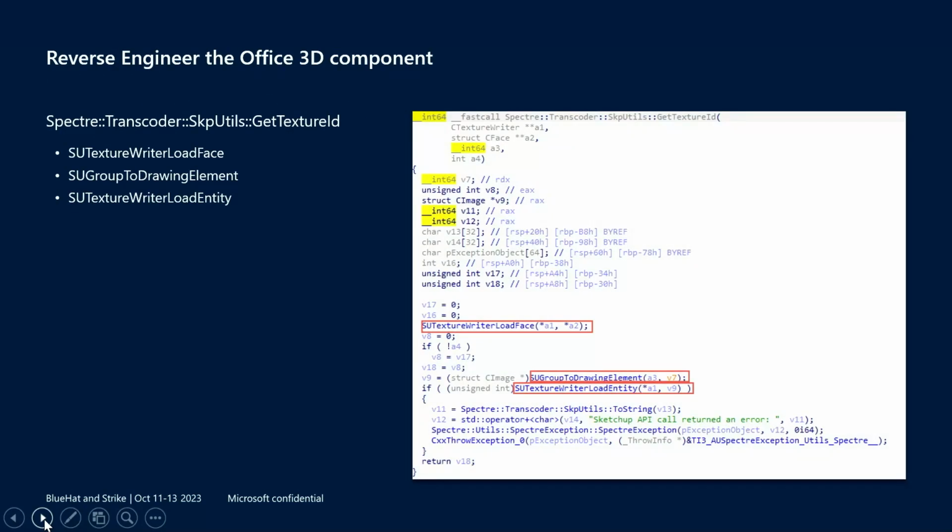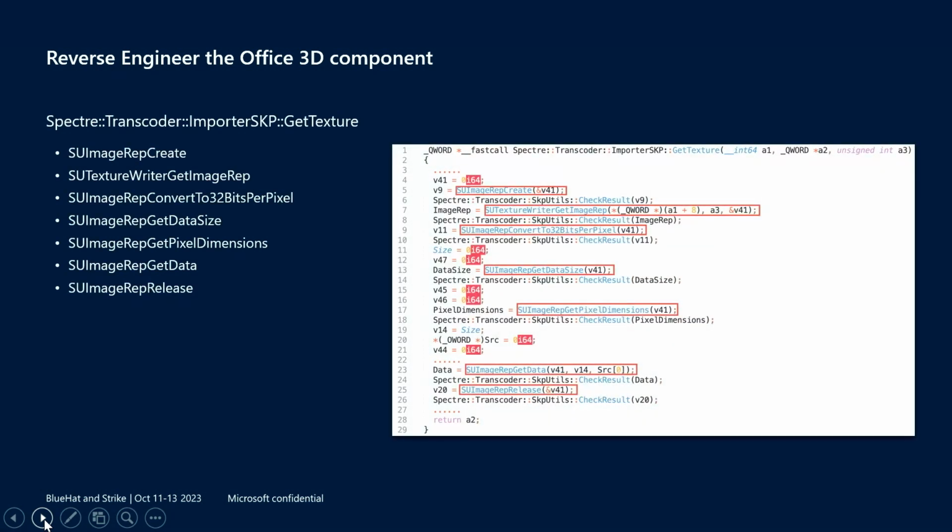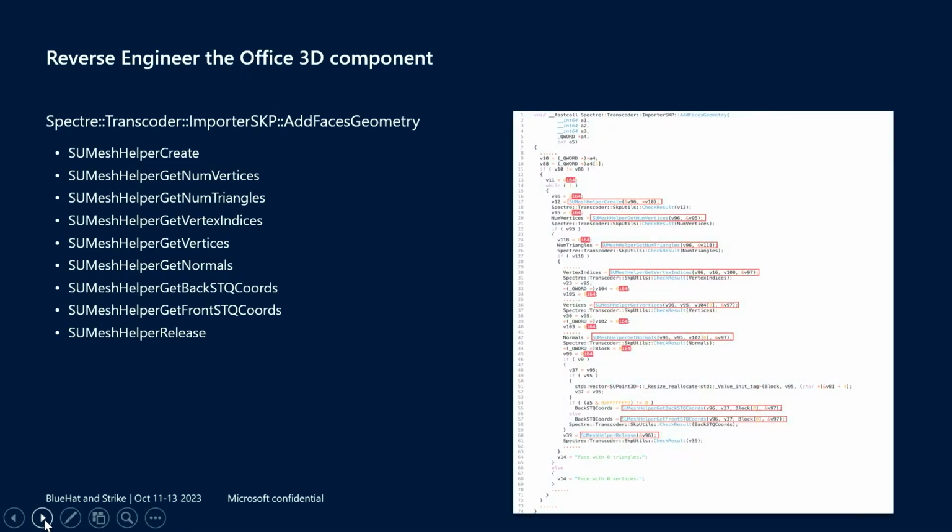Let's look at this, get texture ID wrapper function. Here is the wrapper function get texture. The last wrapper function is add faces geometry.